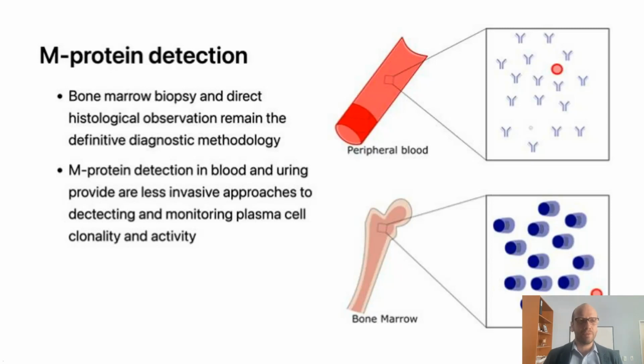And so we reserve this study for high pretest probability patients, as well as patients with a known diagnosis at critical time points in their treatment. Outside of those specific use cases, the key diagnostic, prognostic, and monitoring study remains the detection of M proteins or monoclonal proteins in blood and urine specimens from the patient.